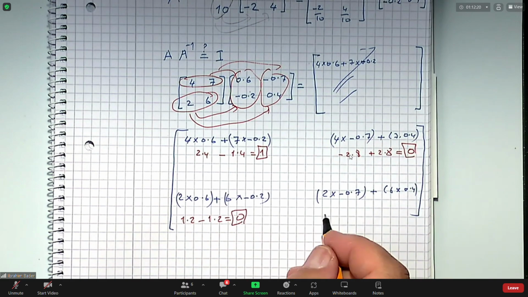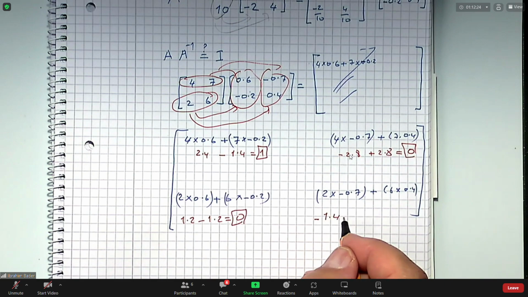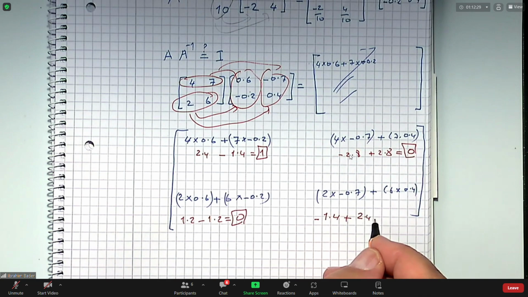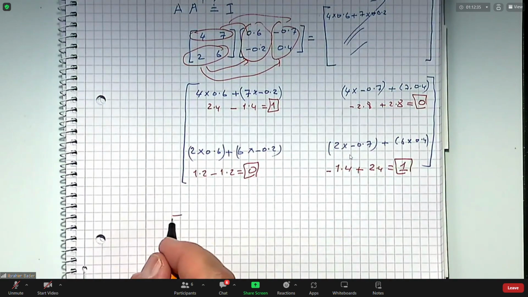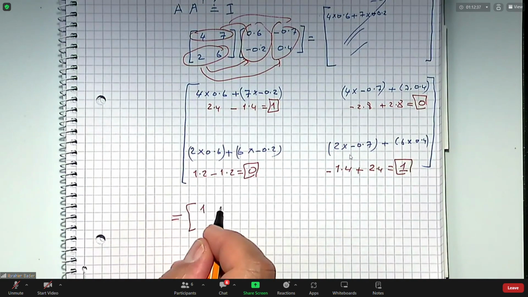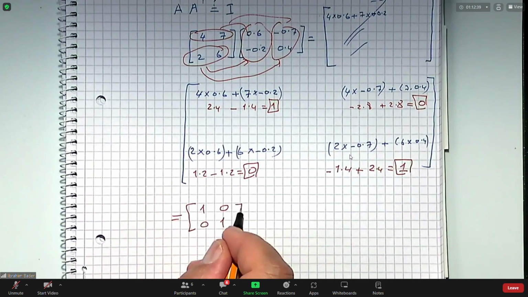And here I have 1.4 plus 2.4... and this is 1. Okay, so the final result here is indeed the identity matrix.